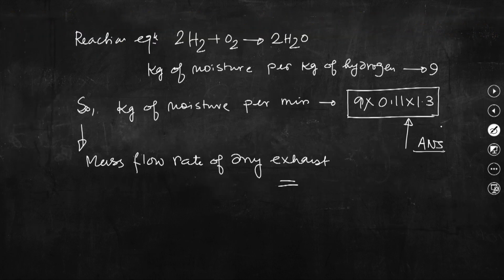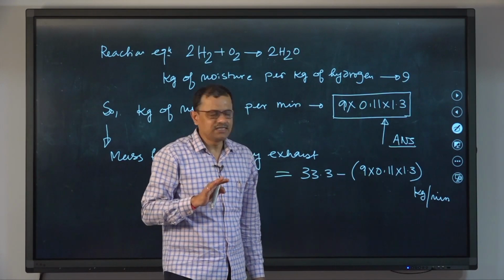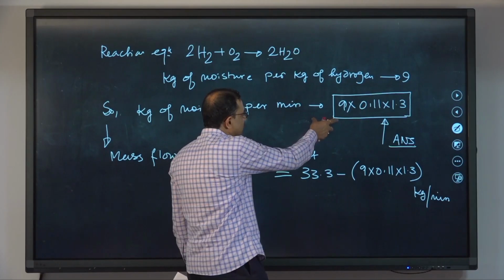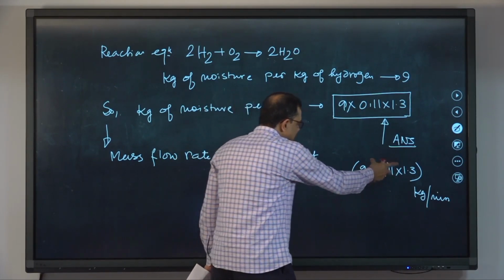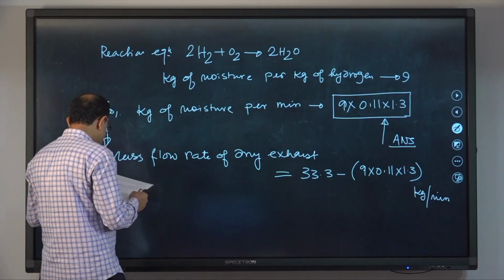If we deduct this amount, so 33.3 minus 9 into 0.11 into 1.3, this is the amount in kg per minute. Okay. So, exhaust gas, what we can see from this analysis, is having dry gas plus moisture, is it not. So, the moisture content we have calculated, if we deduct this amount from the total mass, then we have the mass flow rate of the dry exhaust.